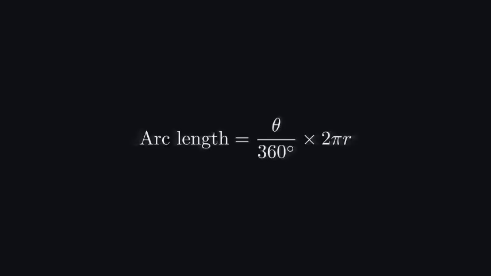Now we find the length of the arc PQ. The formula for arc length is theta over 360 degrees times 2 pi r.